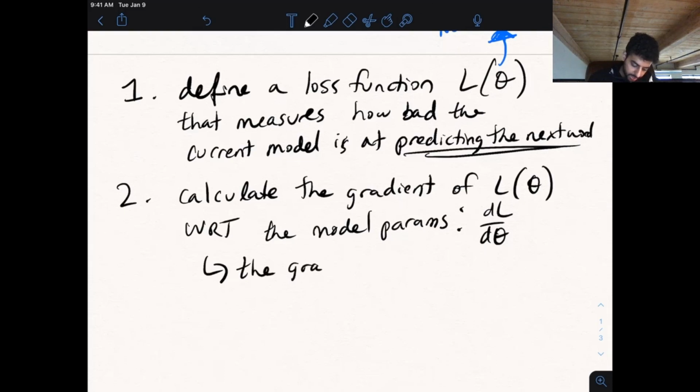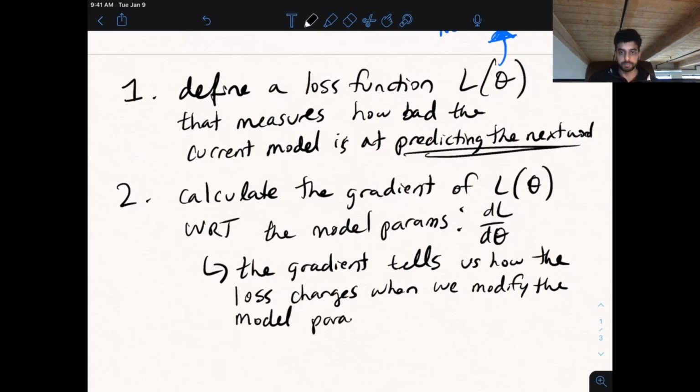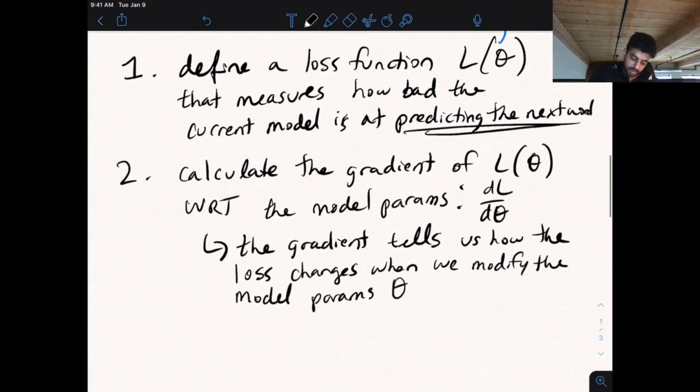The gradient, I mean, intuitively, it tells us how the loss changes when we modify the model params theta.